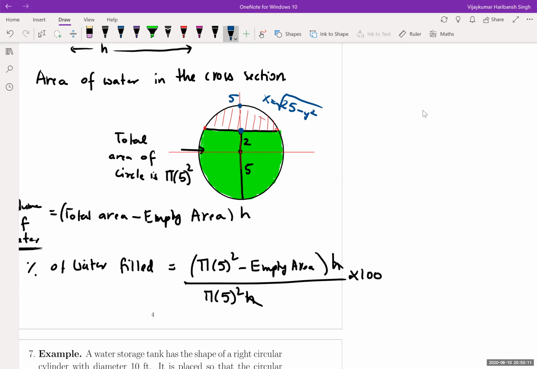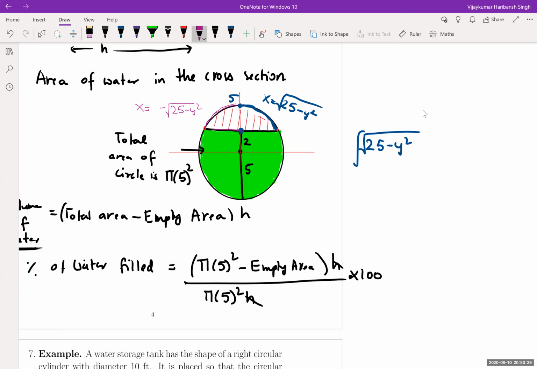So we want to find out this empty area. We'll use the following formula. The rightmost curve is the square root of 25 minus y squared. The leftmost curve is given by the square root of 25 minus y squared with a minus sign, because x is negative on this side.